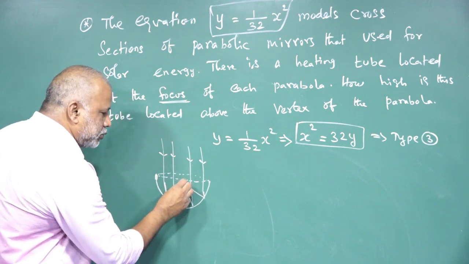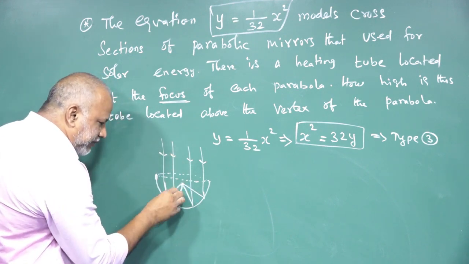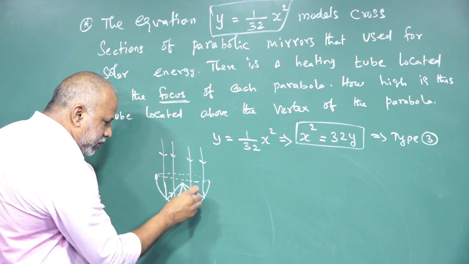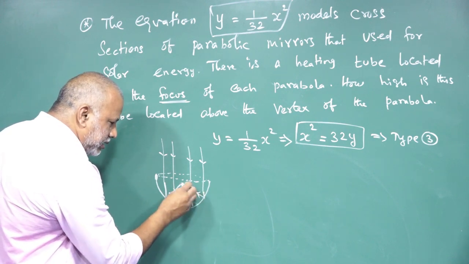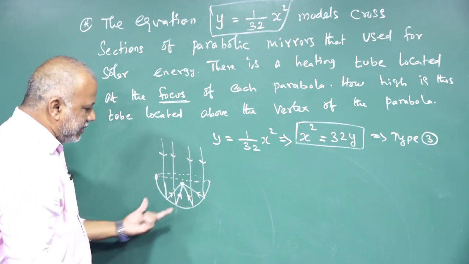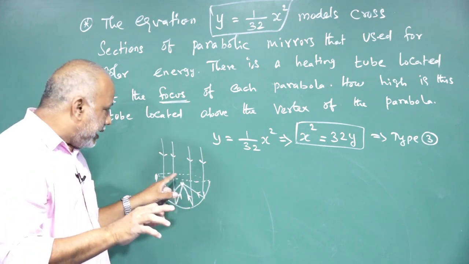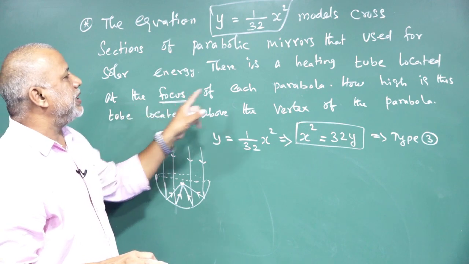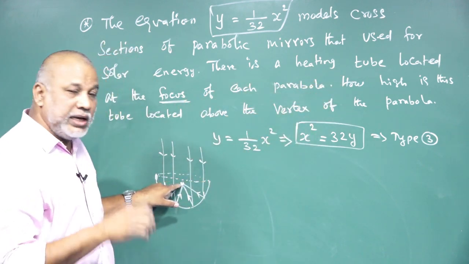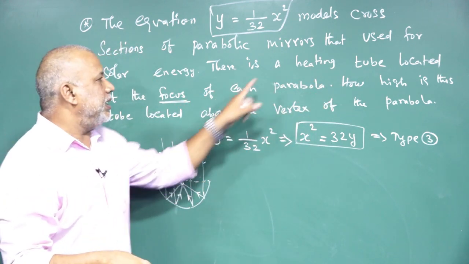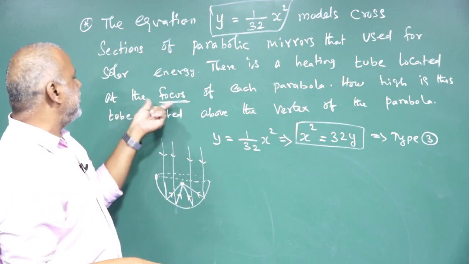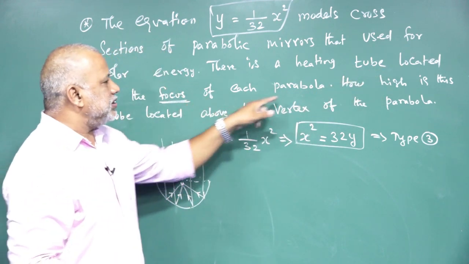This is now said to be the focus. So after reflecting by using this parabolic mirror, all these reflecting rays are placed at the focus. Here, the heating tube must be placed. The heating tube is located at the focus. This is the concept.